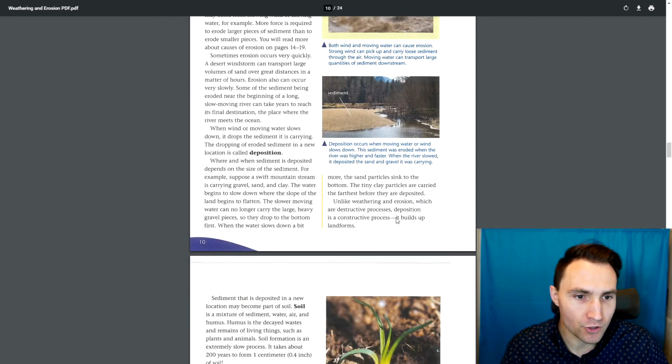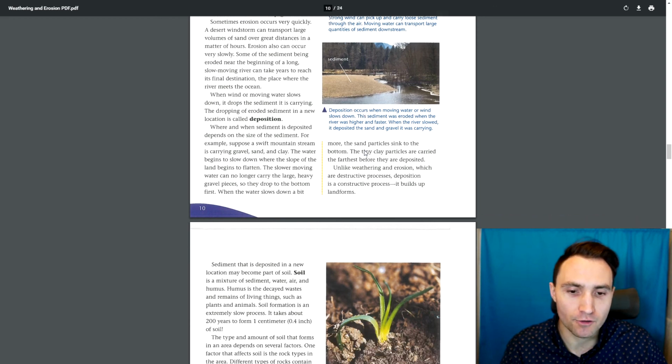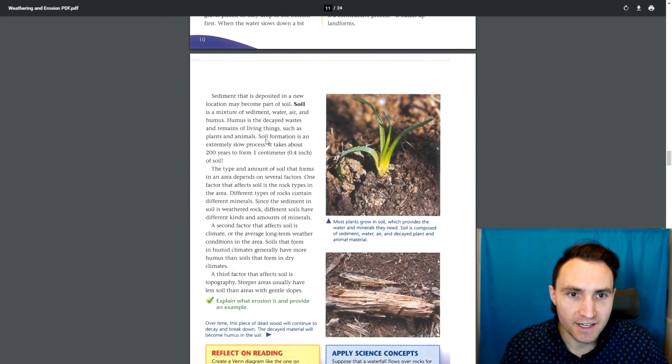Unlike weathering and erosion, which are destructive processes, deposition is a constructive process. It builds up landforms. So this is a constructive process, not a destructive process like weathering and erosion. Sediment that is deposited in a new location may become part of soil. Soil is a mixture of sediment, water, air, and humus. Remember we learned about this in our soil section, and humus has a lot of nutrients in it.